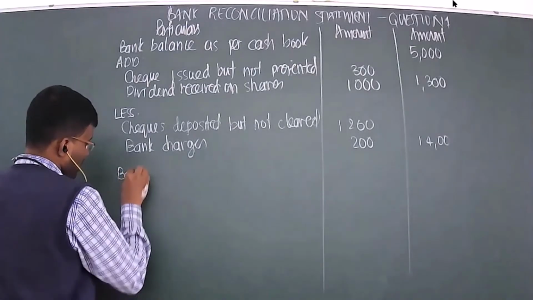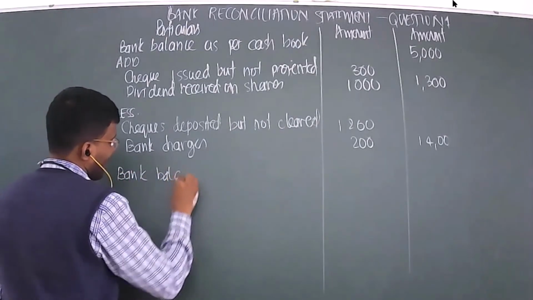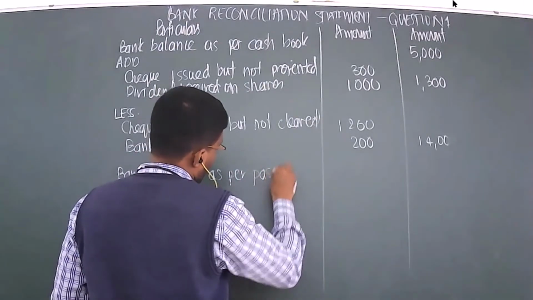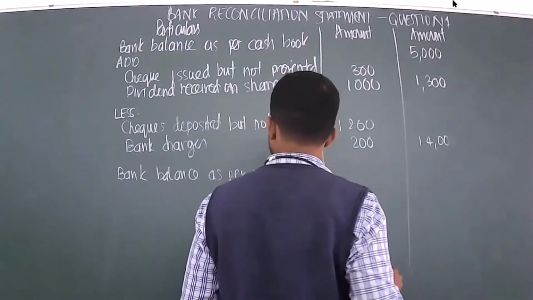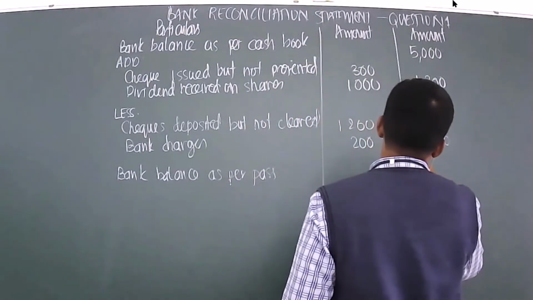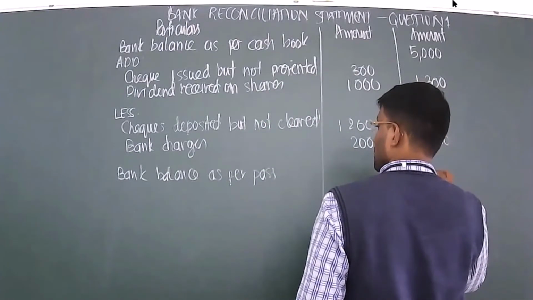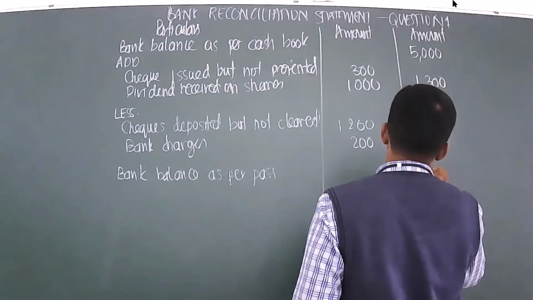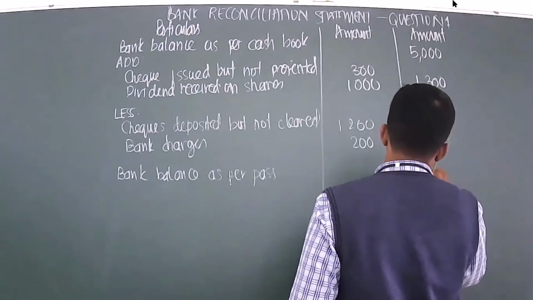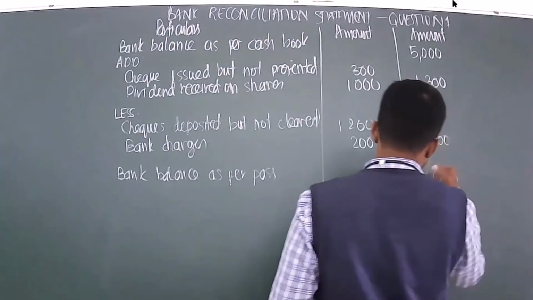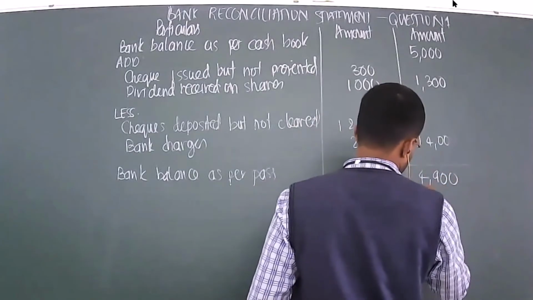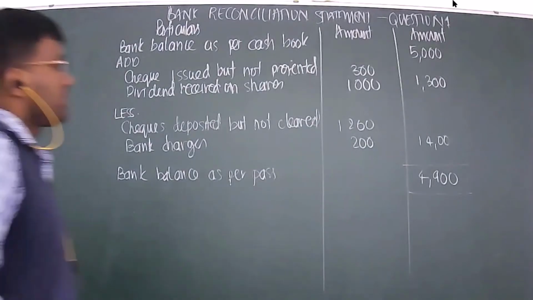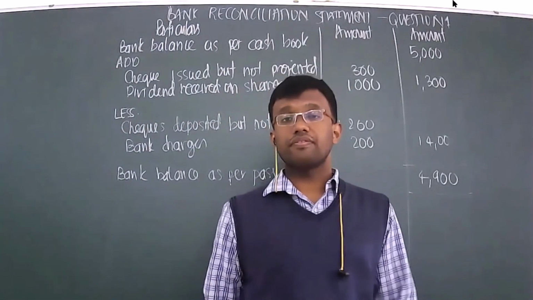We get the bank balance as per passbook. The bank balance as per passbook is 4,900. Okay, so with that we have completed the first question on the preparation of the BRS.